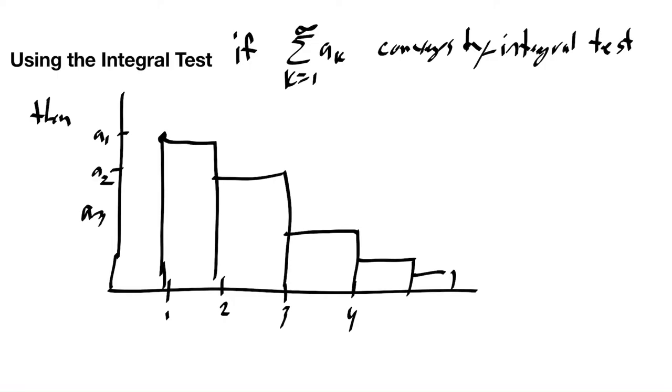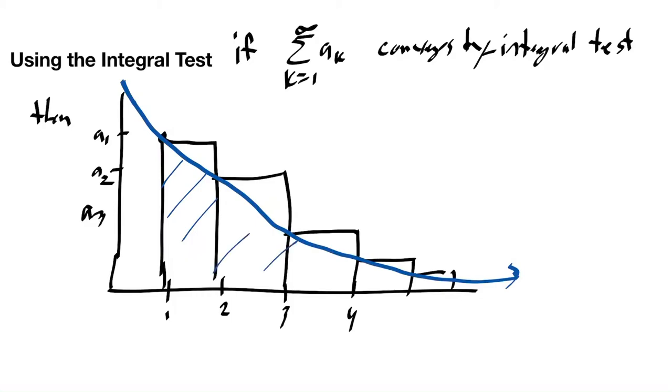And then what I did was I compared it to a function that goes through all those points. So we had some function that hits all of those values, and then we compared it to those values. And you notice that the value underneath the integral is somehow comparable to the value over the integral.